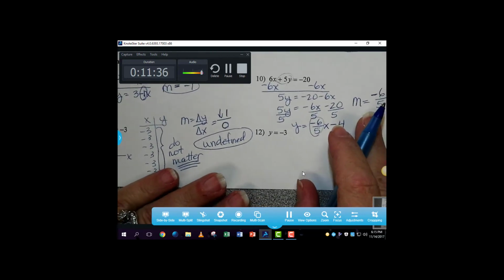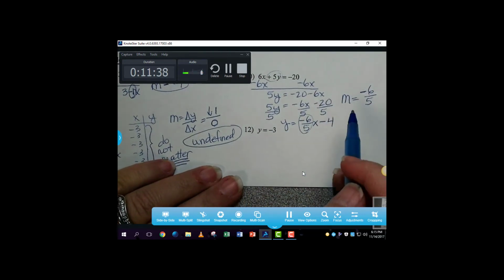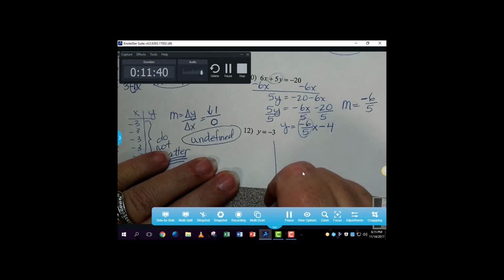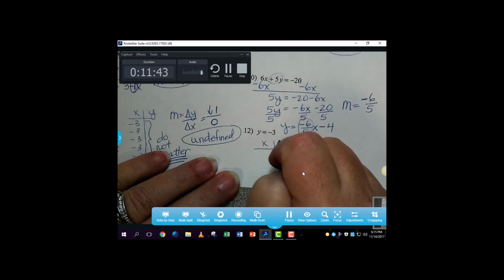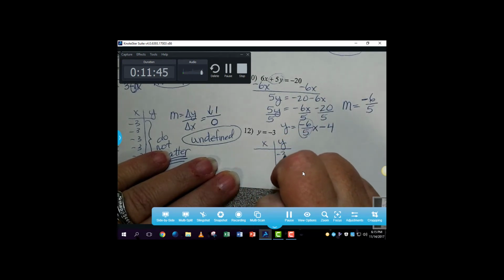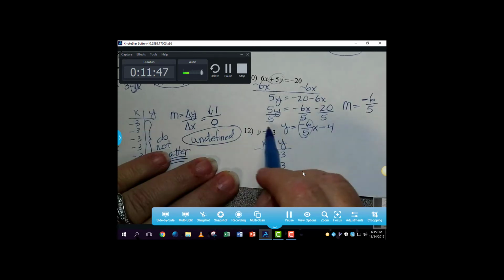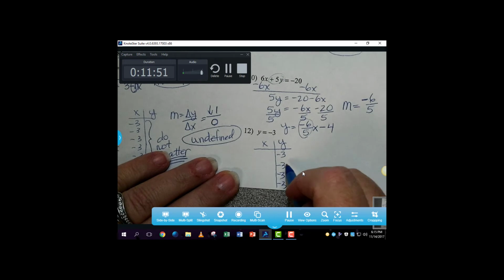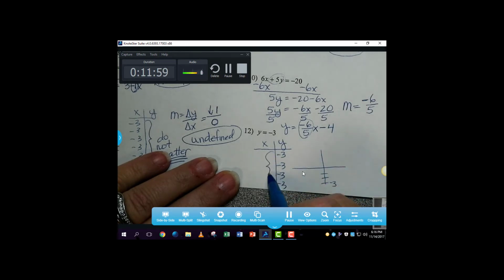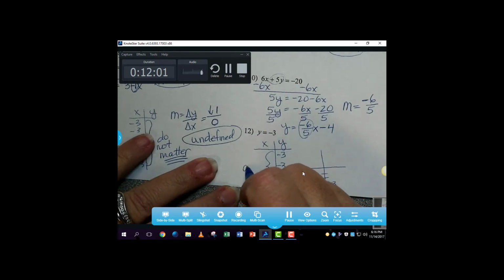And then finally, I have y equals negative 3. Oh, this was a coincidence. Oh well, doesn't matter. Okay, if I graph that, what that is trying to say is that it does not matter what number x is.